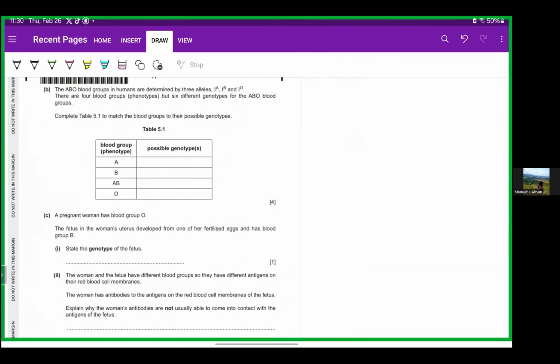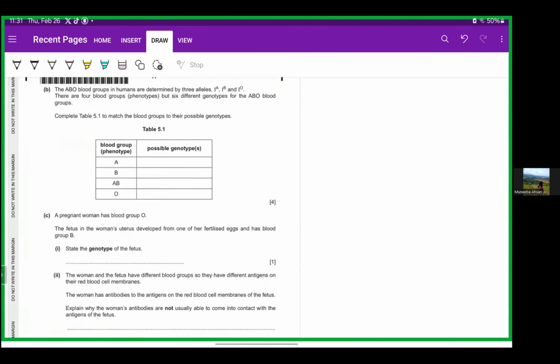Okay, now they're saying the ABO blood groups in humans are determined by the 3 alleles IA, IB, and IO. There are 4 blood group phenotypes, but 6 different genotypes for the ABO blood group. Complete table 5.1 to match the groups to their possible genotypes.